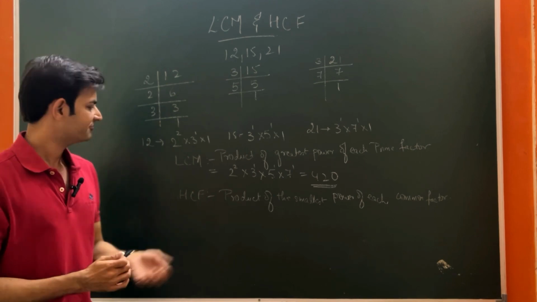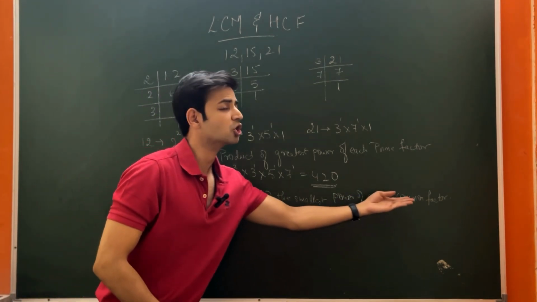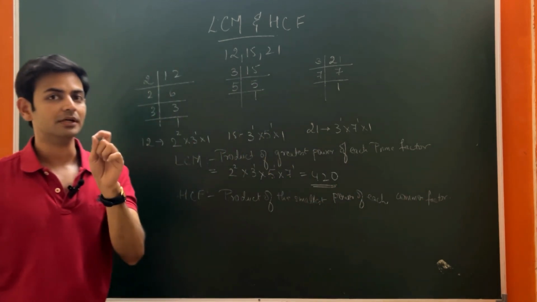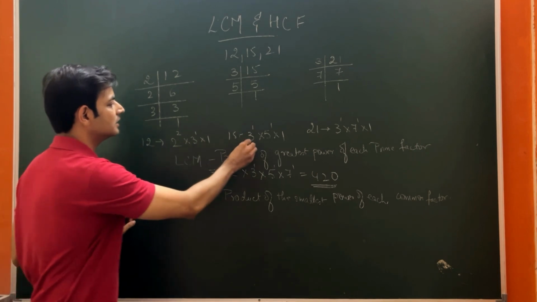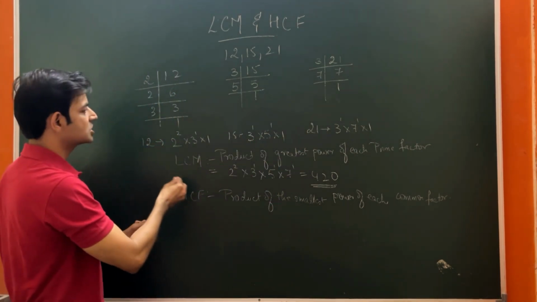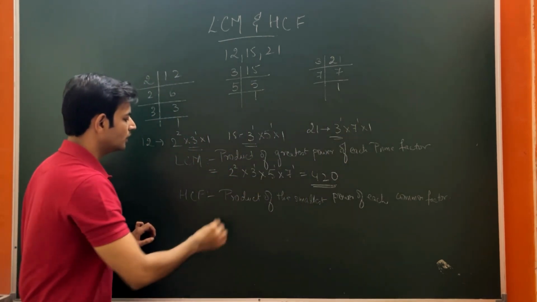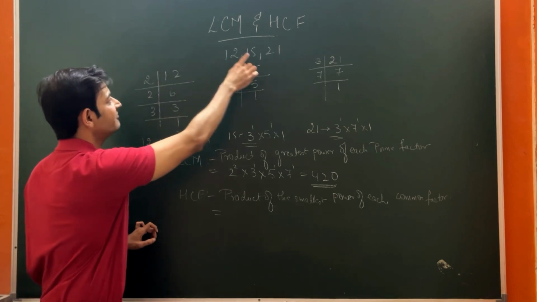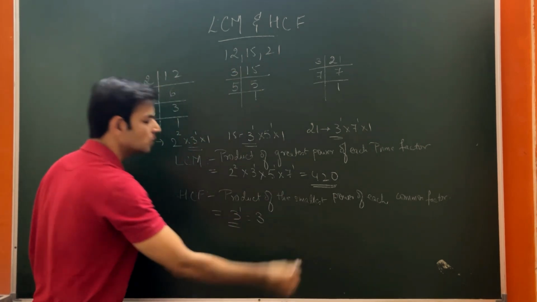Now for HCF, the HCF is the product of the smallest power of each common factor. Remember, here you just have to take the common factor. The common factor in 12, 15 and 21 is just 3. So the HCF for 12, 15 and 21 will be 3 to the power 1, which is equal to 3.